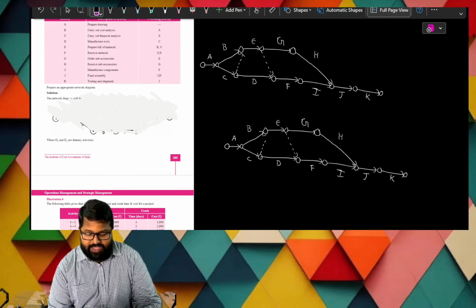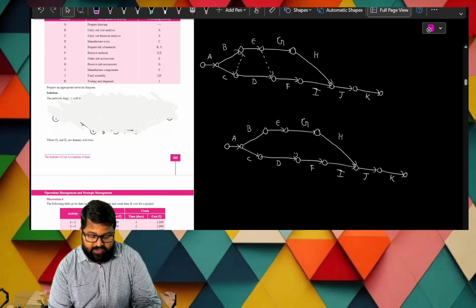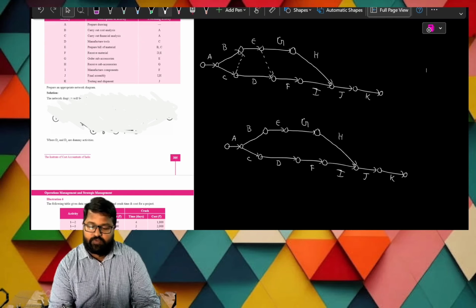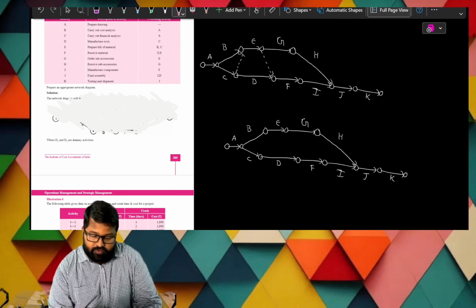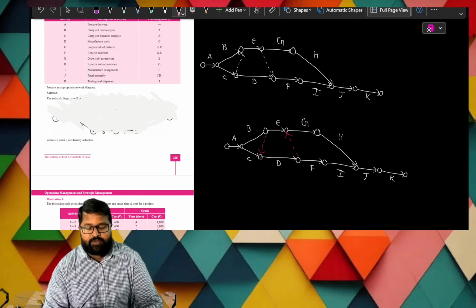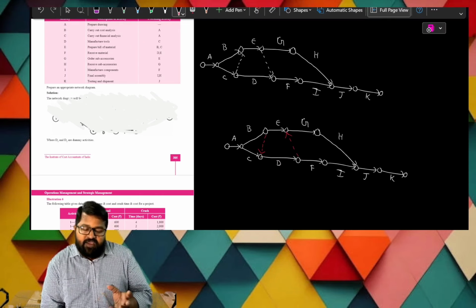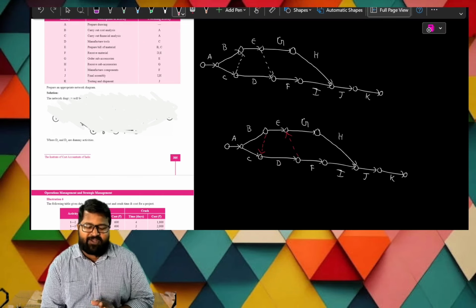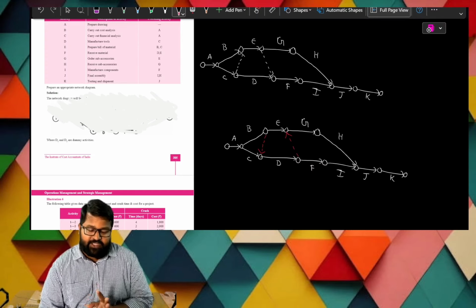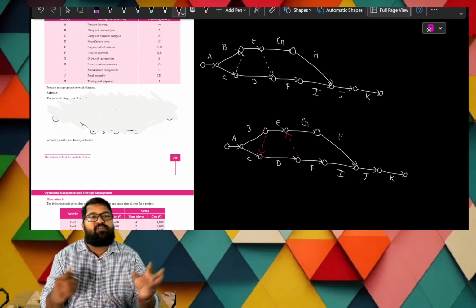Now I am arranging the dummy so that you can get some clarity regarding why not to use it this way. You said dummy should not go in a different direction? For your understanding, I am showing it in that manner. Okay, I have changed the direction of the dummy.